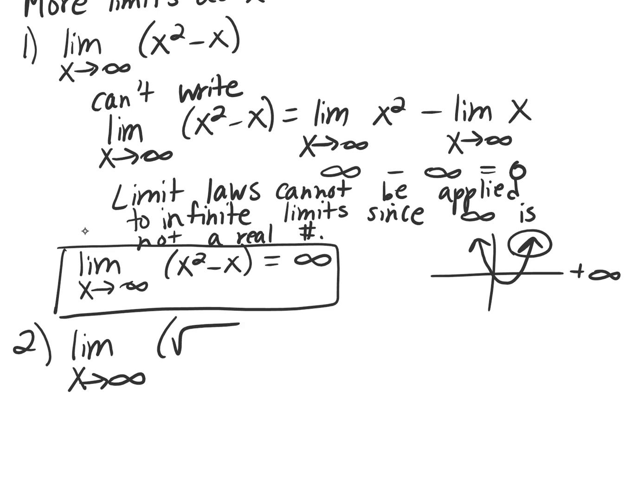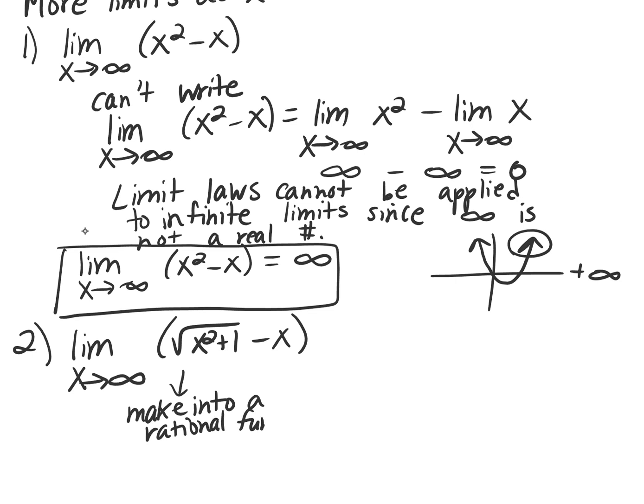So in this one, it's the same scenario. We have the square root of x squared plus 1 minus x. A radical function combined with a linear function. Either way, you can't really plug in infinity. You can't separate those functions out. What we can do is make this into a rational function.